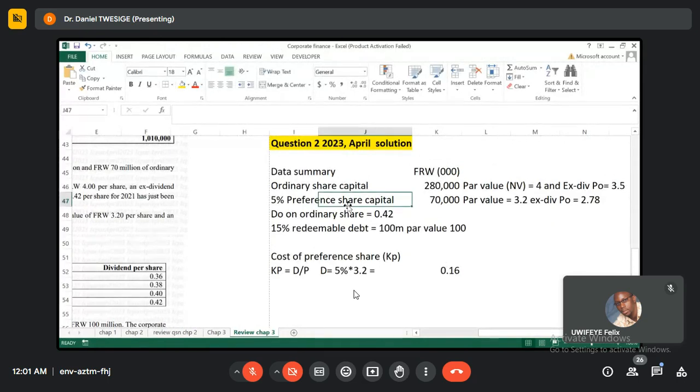This is the data we have that we have summarized. Anything else?